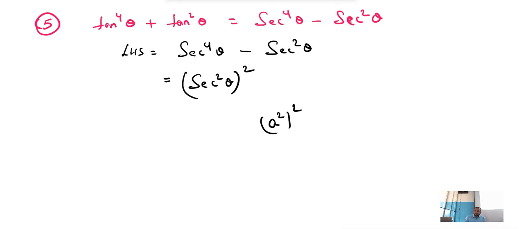It means a square whole square is what? A to the power 4. Exponents: a to the power m whole to the power n can be written as a to the power of m into n. Yes. Can we use? Minus secant square theta.